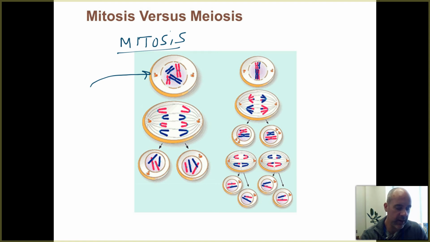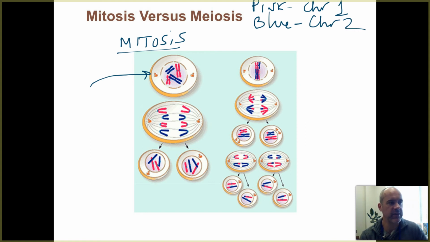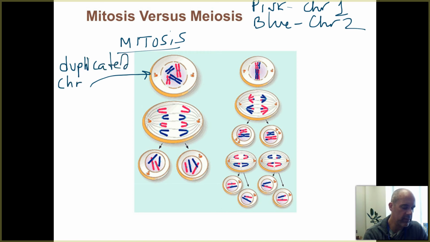So we'll say in pink, that's chromosome number 1, and in blue, chromosome number 2, for example. And then notice that they are duplicated. You have duplicated chromosomes. Okay, so we know that because they have this X-type configuration. They're kind of held together in the center, and that gives them that X appearance.